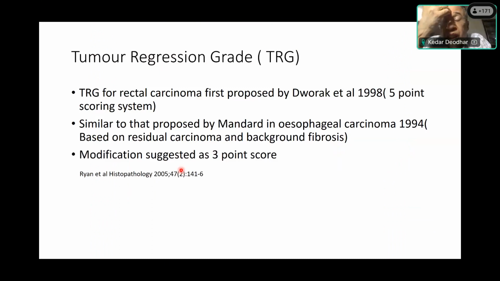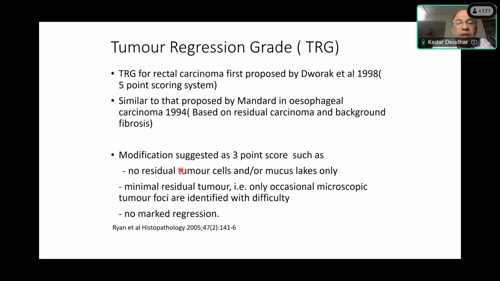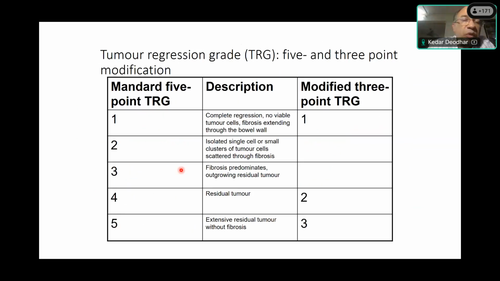But CAP does tell us to use a simpler system, a 3-point or 4-point system. This is an example of the Mandard 5-point system that we are using in our department, 1 being no tumor and 5 being very little effect on the tumor, so extensive tumor present, whereas we can have a 3-point score system, 1, 2, or 3, or a 4-point system.